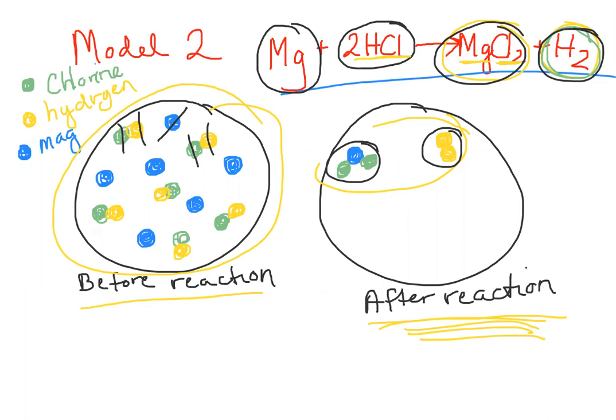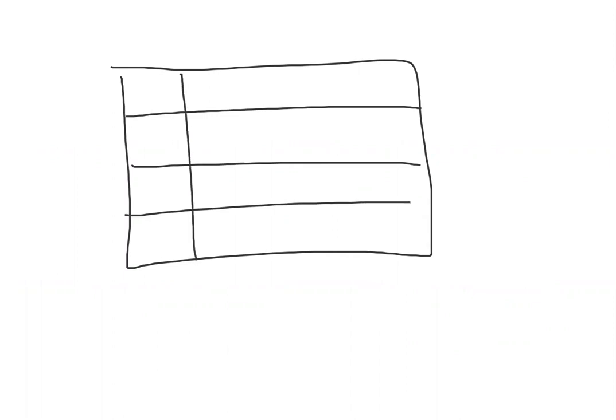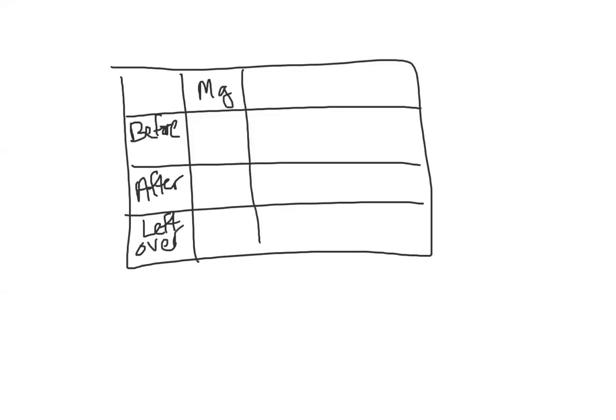And then you can fill in your little chart that they have that is before the reaction, after, and leftover. And you're going to do that for magnesium and HCl and MgCl2 and H2.